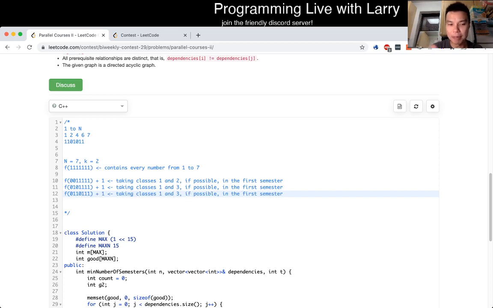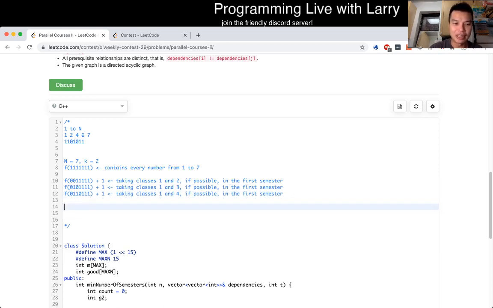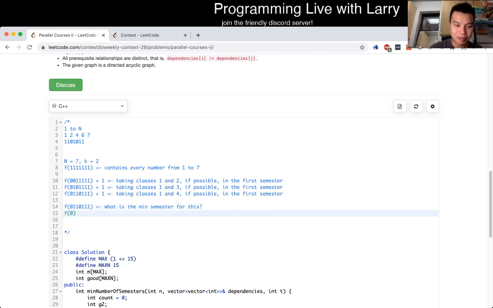So this is how we do the bit mask one, and you do that recursively by saying, okay, let's say we have this one and this one is good, right? Let's say we're here, and what is the minimum semesters for this? Well, for k is equal to 2, it is just equal to the first two classes plus 1, which is taking classes 2 and 3 if possible in this current semester.